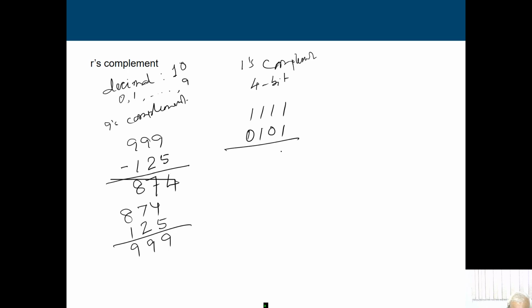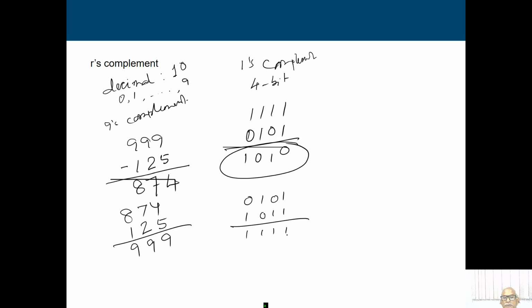Then we subtract it, and what do I get? 1 0 1 0. We say this is the 1's complement of the given number. Now when I add these two, 0 1 0 1 and 1 0 1 0, we get 1 1 1 1. This is the maximum possible number. So this is the 1's complement.